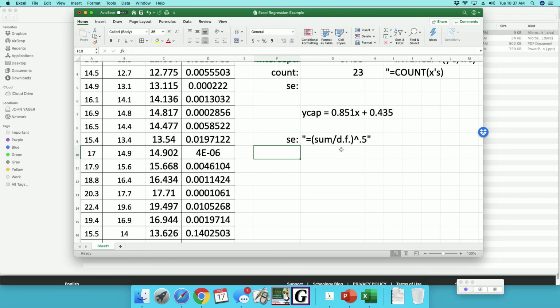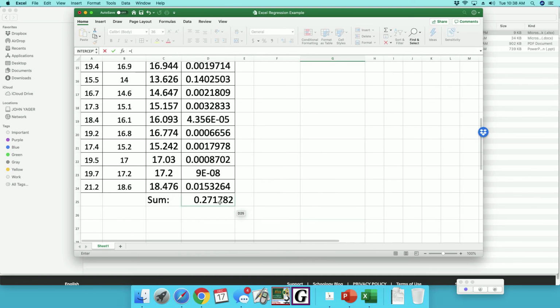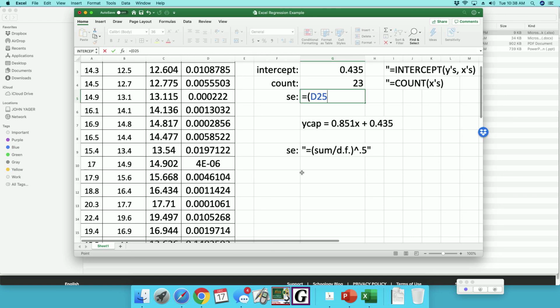This was from lesson 9-3. So here we're going to go equals parentheses. We're going to click on D25, divided by our degrees of freedom, which is 23 minus 2.